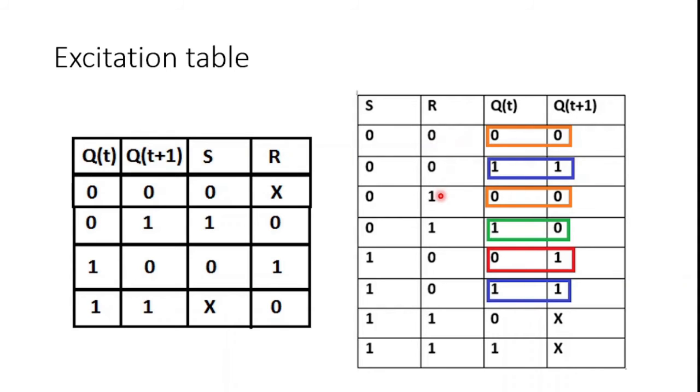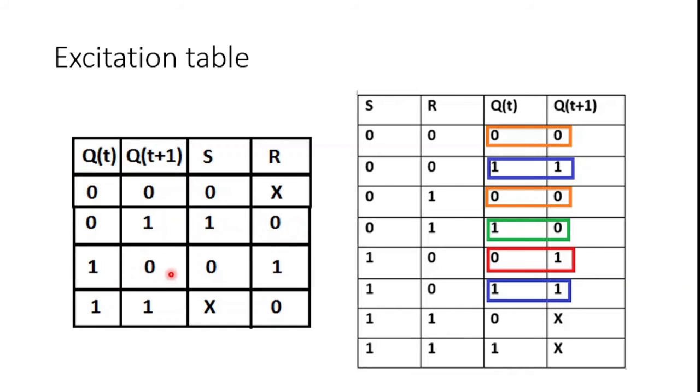It's not defined, it's varying between 0 and 1. So that is why for this scenario S is always 0, and R is varying between 0 and 1, so it's undefined. And when Qt is 0 and Qt plus 1 is 1, just like this one, S should be 1 and R should be equal to 0, just like this.